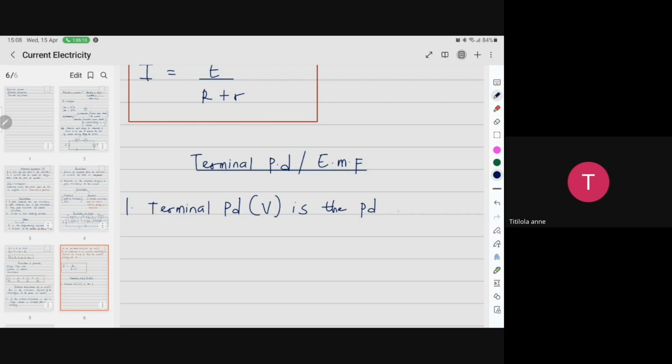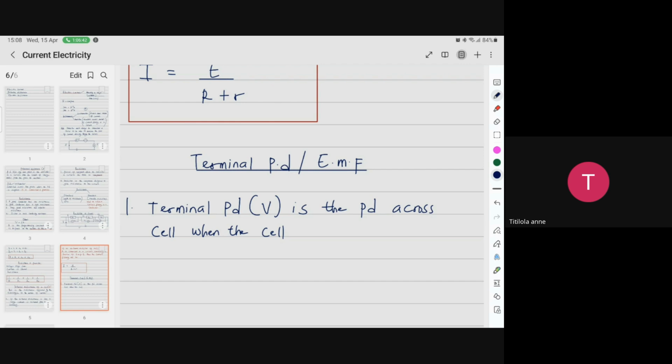It is the PD across the cell when the cell is delivering a current through an external circuit. Remember what your PD is all about. We highlighted earlier that the potential difference is simply the work done in moving one coulomb of charge from one point to another, right?